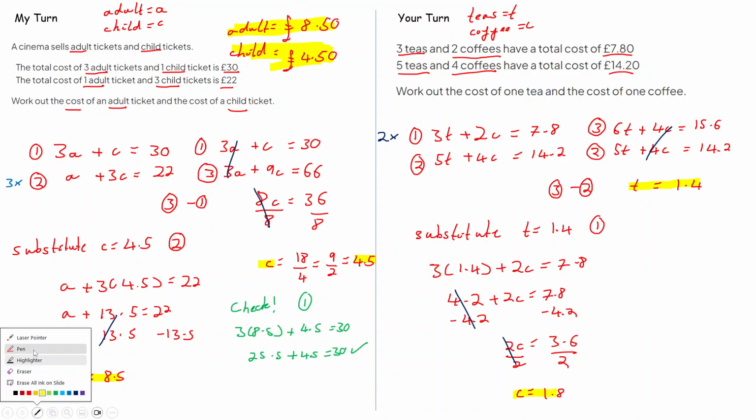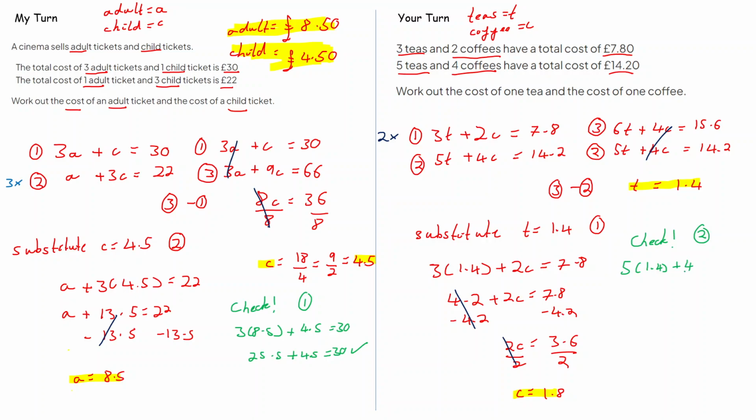First of all, let's do a very important thing, which is to check our answers. Definitely a good thing to always do. So put t is 1.4, c is equal to 1.8 into any equation. Let's choose equation number 2 to mix things up again. So 5 times t, where t is 1.4, plus 4 lots of c, where c is 1.8, and it should equal 14.2, hopefully.